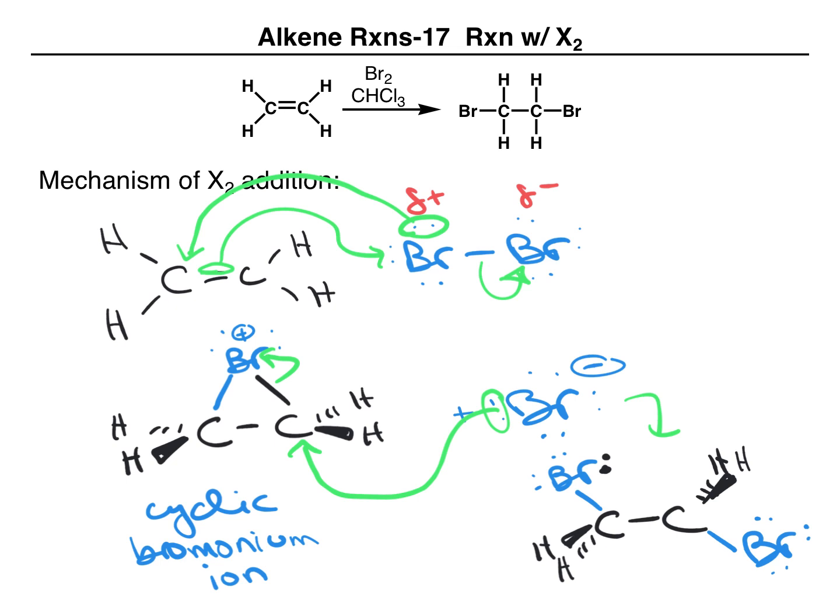And so because of the existence of this cyclic bromonium ion, the mechanism involves anti-addition, which would lead to a trans product. The trans is irrelevant when we don't have a cyclic structure, but this intermediate is important to explain the observed stereochemistry.